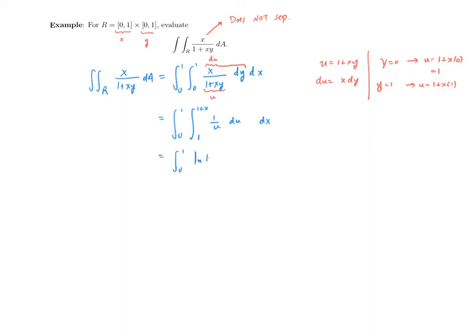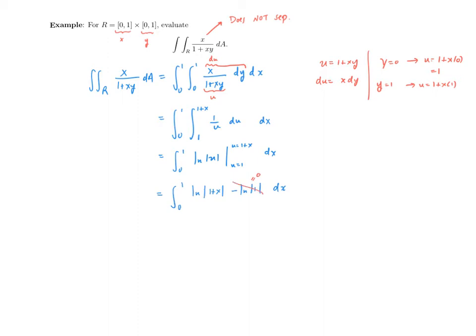So natural log absolute value u, we're evaluating from 1 to 1 plus x. So we replace the u with a 1 plus x, minus replace the u with a 1. And note, natural log 1 is a common value. It's equal to 0. So we'll just cross that term off.